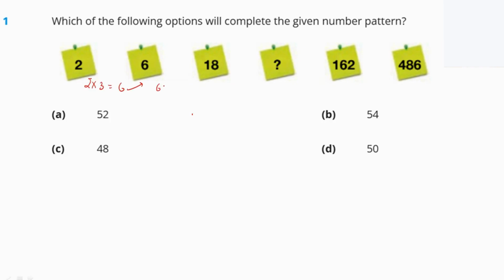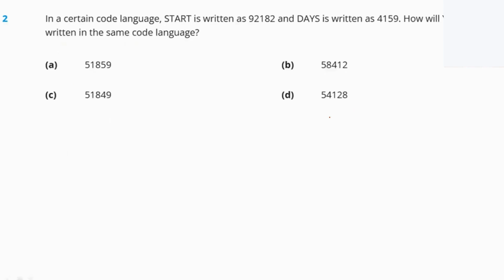If you multiply 6 with 3, you will get 18. If you multiply 18 with 3, then what should be your answer? It should be 54. Now, if you multiply 54 with 3, you will get 162. So our option question mark will be number 54. So option number B is our answer, 54. This is the pattern which is followed here. Next question.